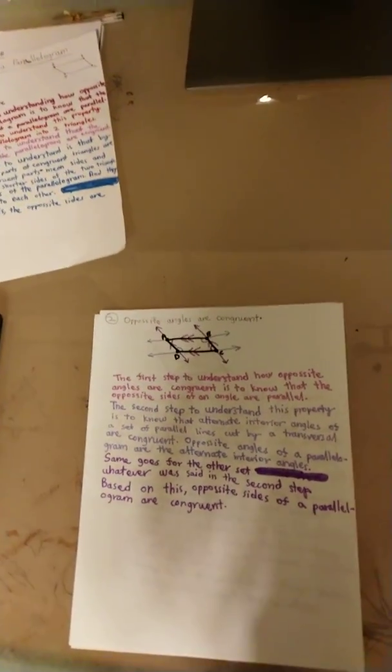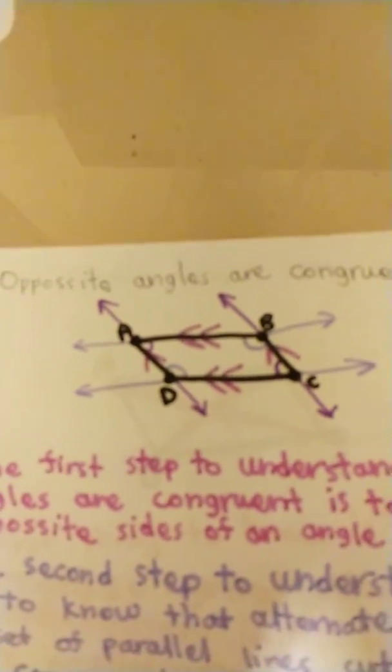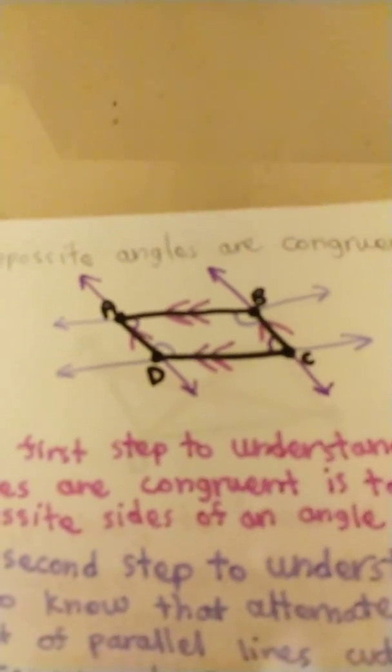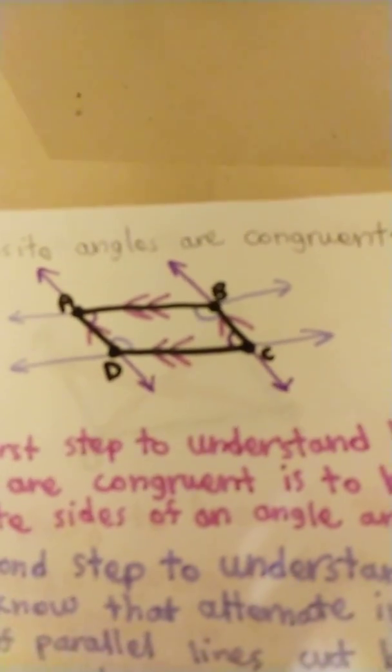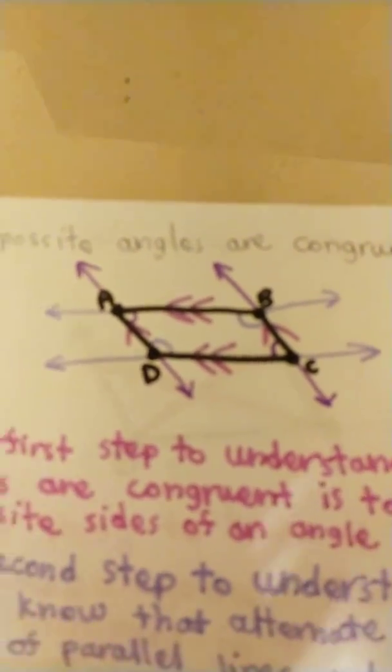For example, the parallel lines DC and AB, which I extended, have the transversals AD and BC. So these are considered alternate interior angles of parallel lines.